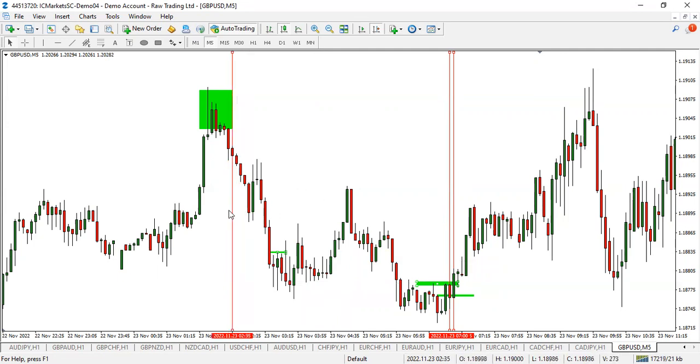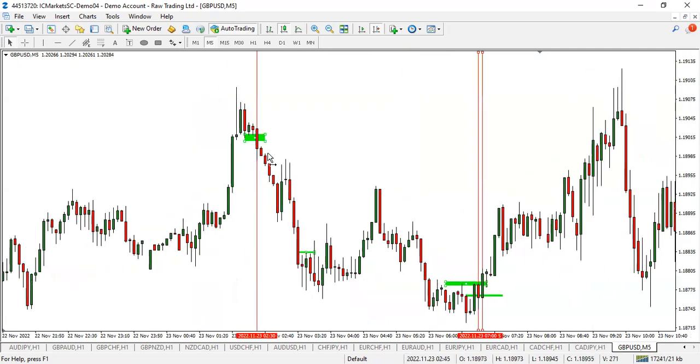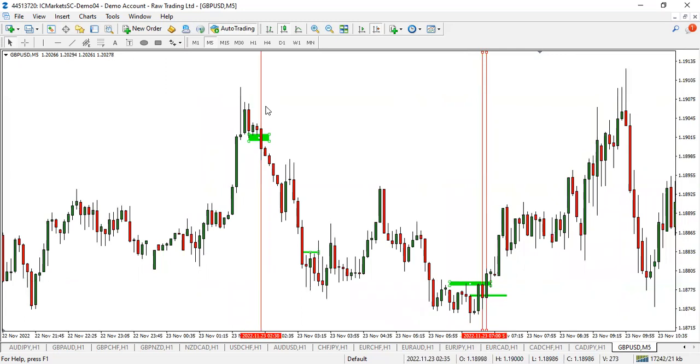Another one is this one, formed an M here, an oblique M, and then broke the neckline with this candle. Entry here, or use your Fibonacci, or place your pending orders somewhere here in this area, in this zone, but it didn't get there to activate them, and that's fine.